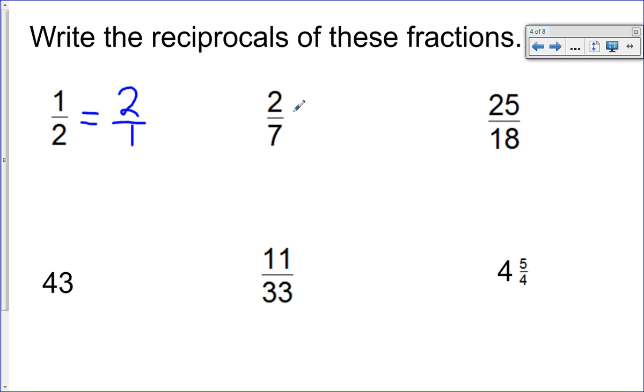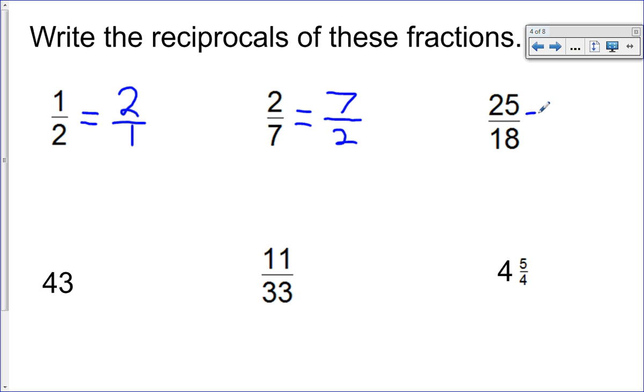Okay, looking at this next one, we've got 2/7. So if I flip that, I'm going to get 7/2.